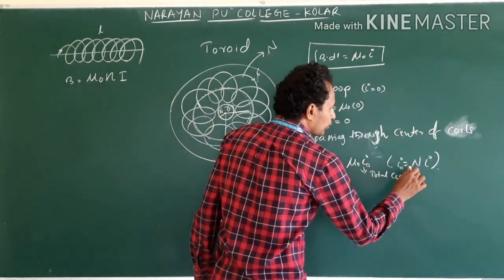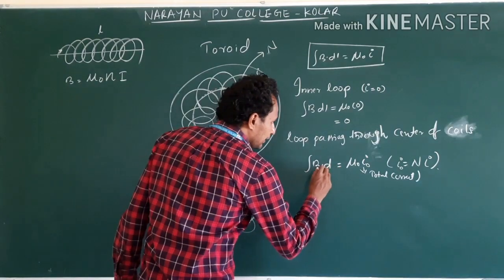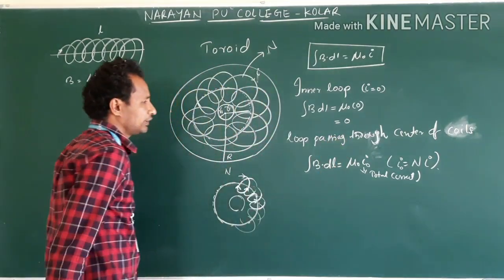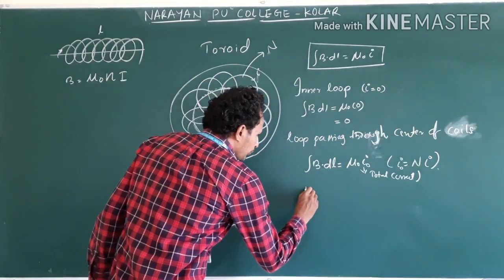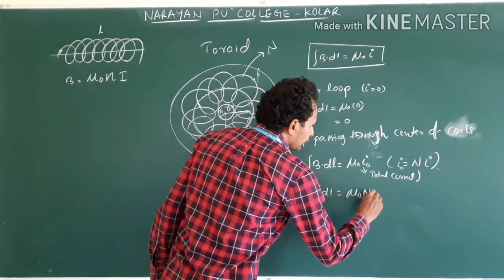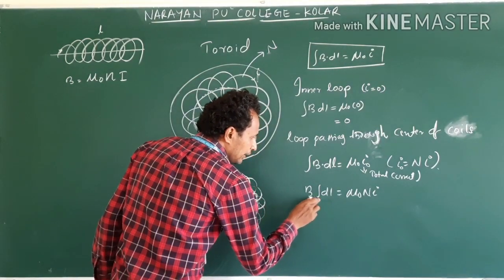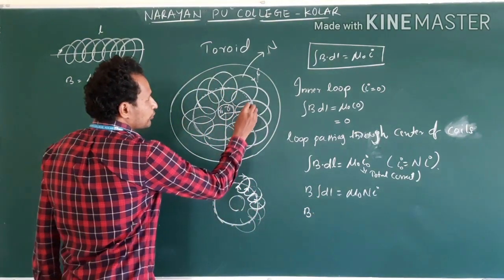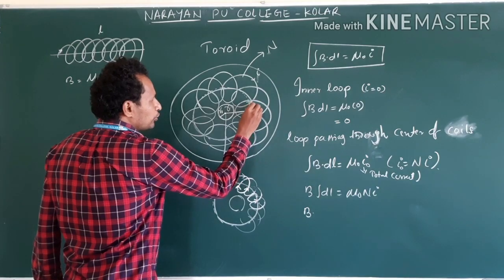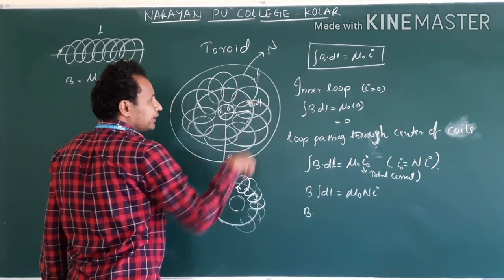This I naught is equal to N into I. Now this is integral B dot dl, so B integral dl is equal to mu naught N I. Now B integral dl means this small loop we made into small sections of dl.